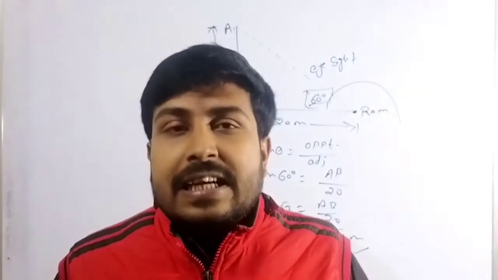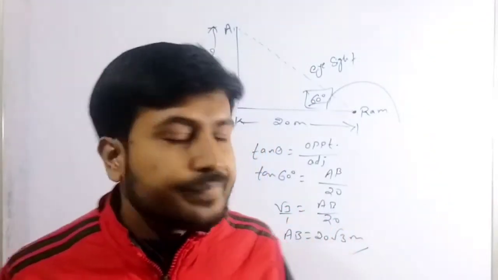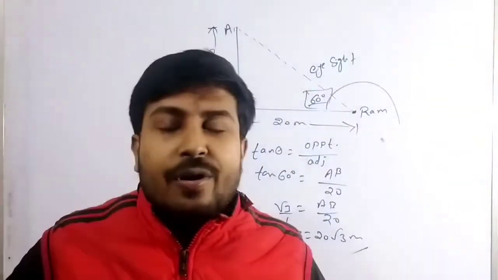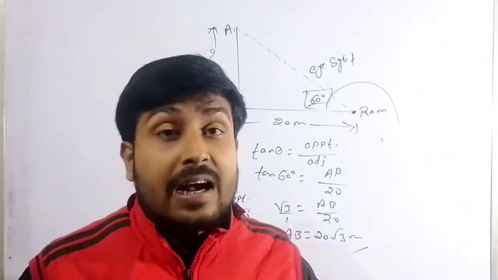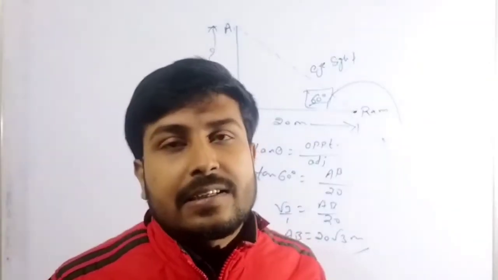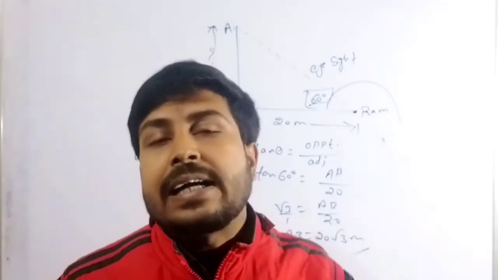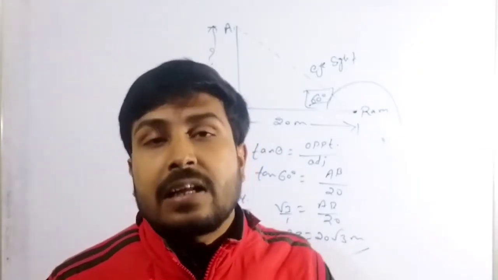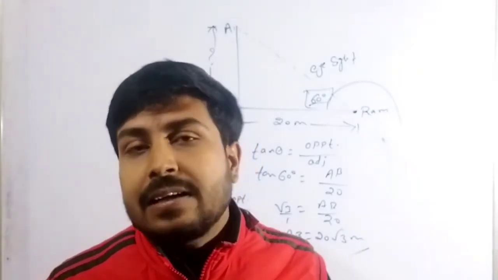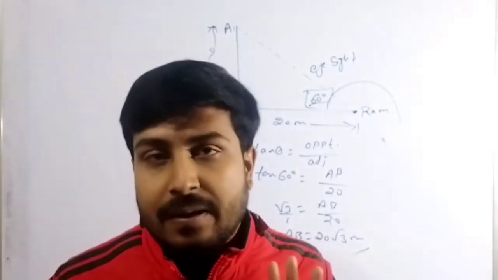Sin theta, cos theta, tan theta, cot theta, sec theta and cosec theta. So if we take a daily life example, we can easily say that trigonometric ratios help us to find the height, help us to find the length, and help us to find some particular angles as well.